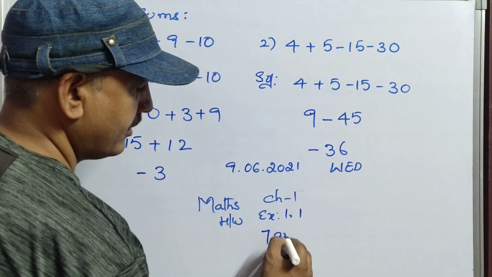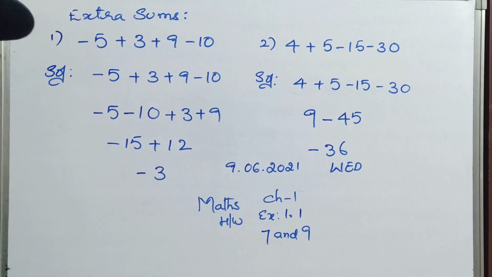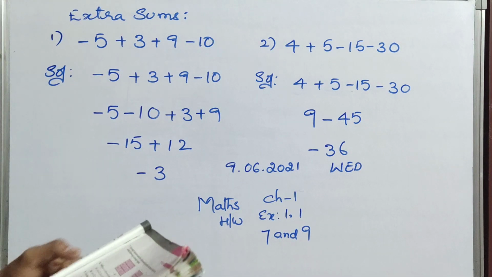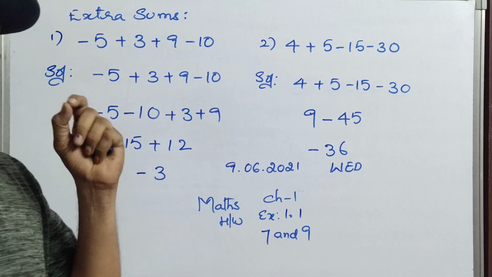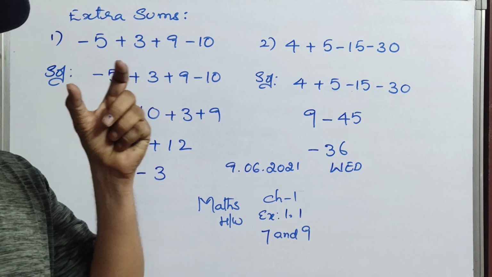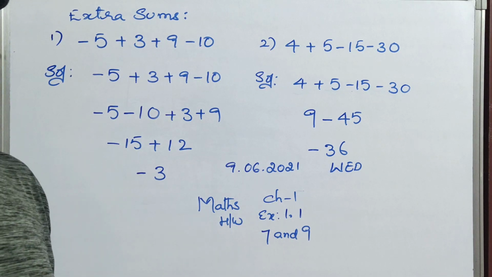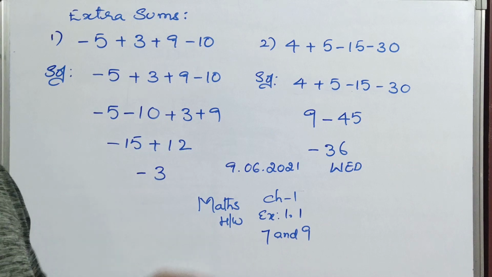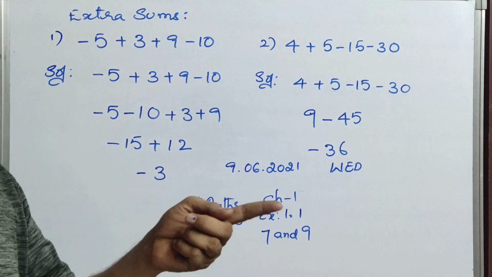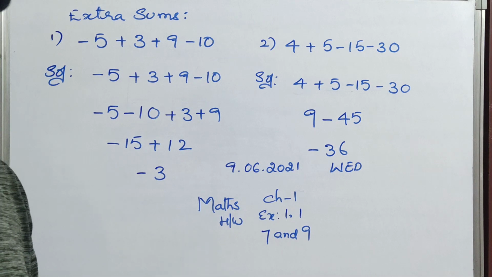Only two sums, 7 and 9 sums as homework. Why? Because the 8th sum I will explain, children, because there is one more formula. That means formula in the sense one more concept is there. Until we use that concept, we cannot do the 8th sum model. So that's why it is left as that.